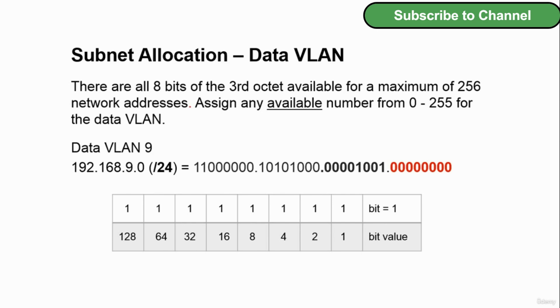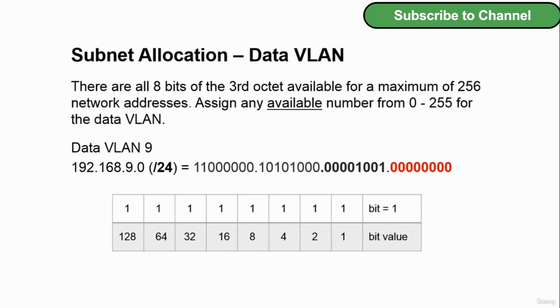In this case, I've selected 9, for instance, so I'm going to select 9.0/24, and that's what I'm going to use for it. In a sense, it's not really calculation so much as just deciding on what number we want to use in that third octet. And so I decided 9. There's the host addresses. That's the number that's going to be the subnet number the router's going to use.